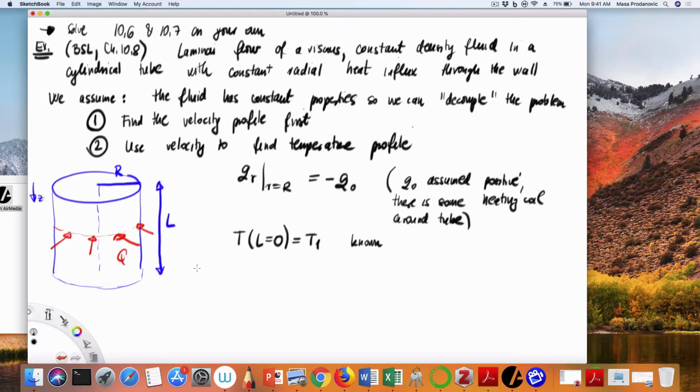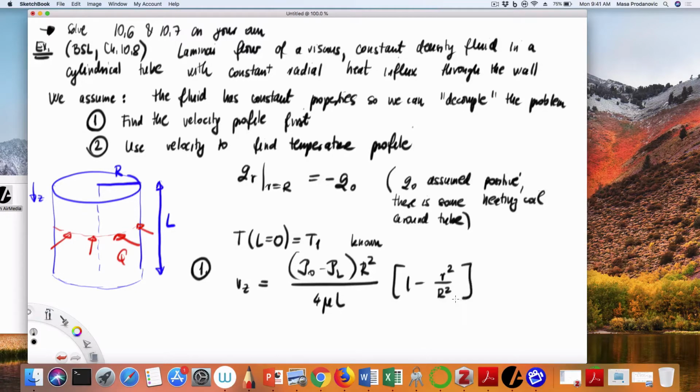Okay, so my velocity profile I know from before. It's the pressure drop over 4 mu L, times R squared, times 1 minus r squared over R squared.